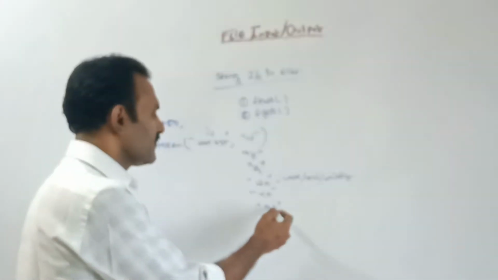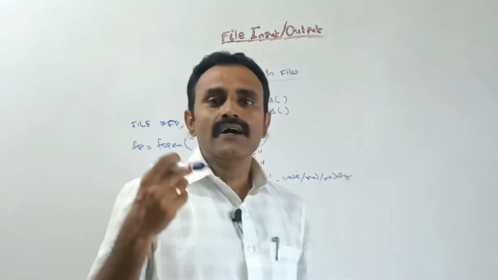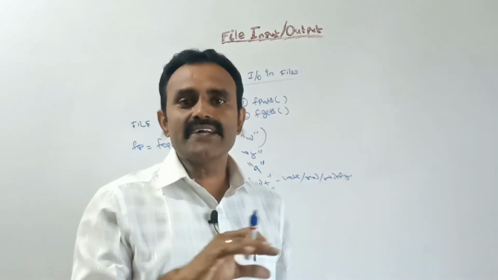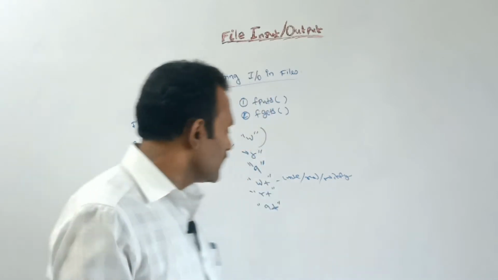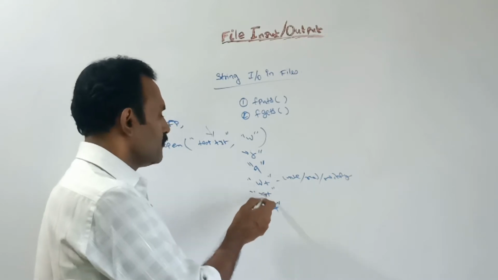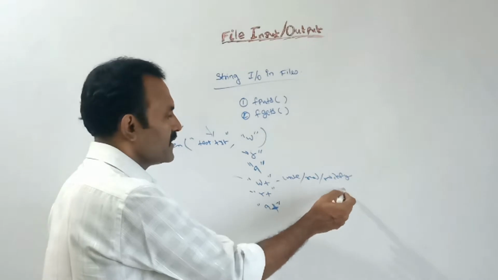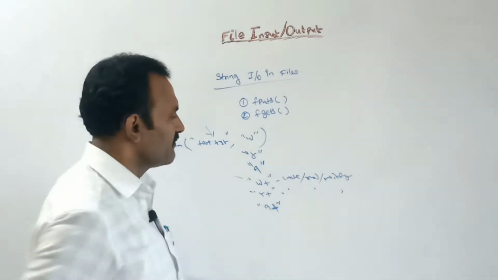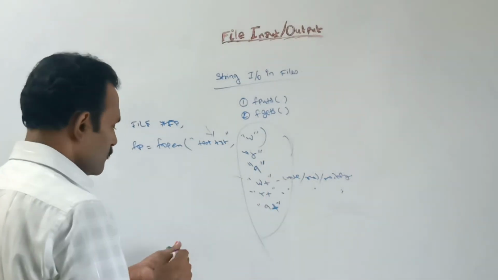Here one thing: if you are using the plus in the append mode, we can append to the file and read the file, but we can't modify the file. But for write and read with plus, we can modify the file, but in append we can't modify the file. So these are the file modes.